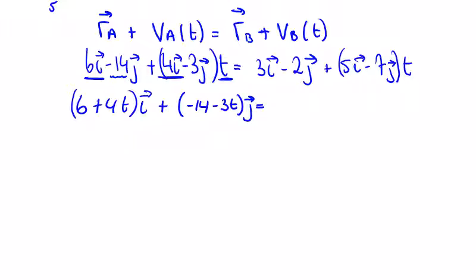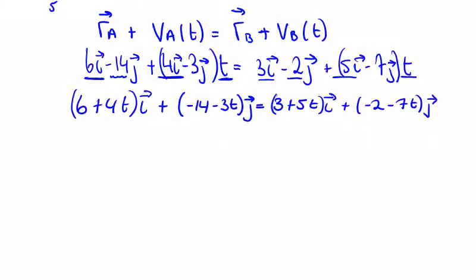That's equal to 3 plus 5t times i, and we're going to have minus 2 minus 7t times j.